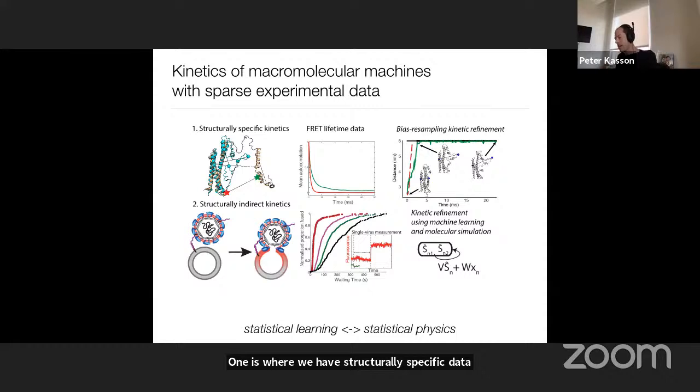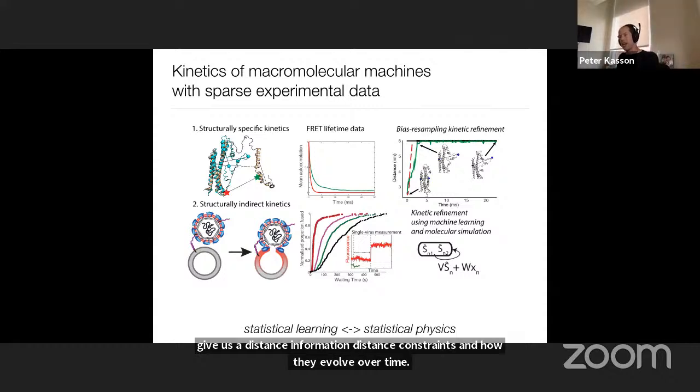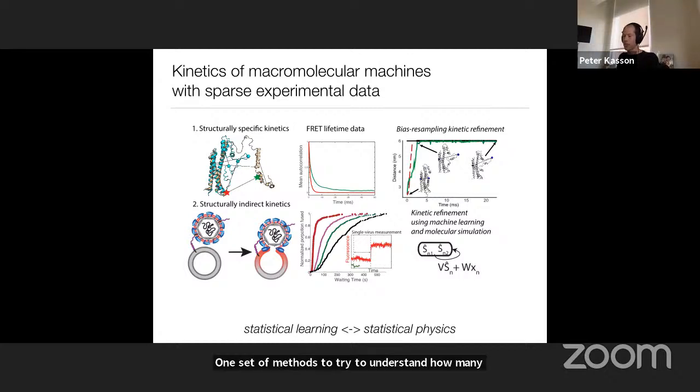So on, for instance, proteins, if we have labels at sites we know on those proteins, and we then have information about how those labels interact with each other and give us distance information and distance constraints and how they evolve over time.